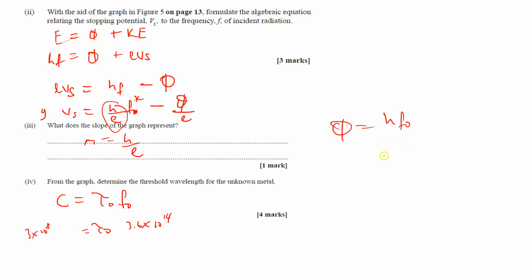So another formula that you'd see us using is that psi is equal to h times c divided by the wavelength naught. But because we don't really know what the work function is, but we could find it if we want.